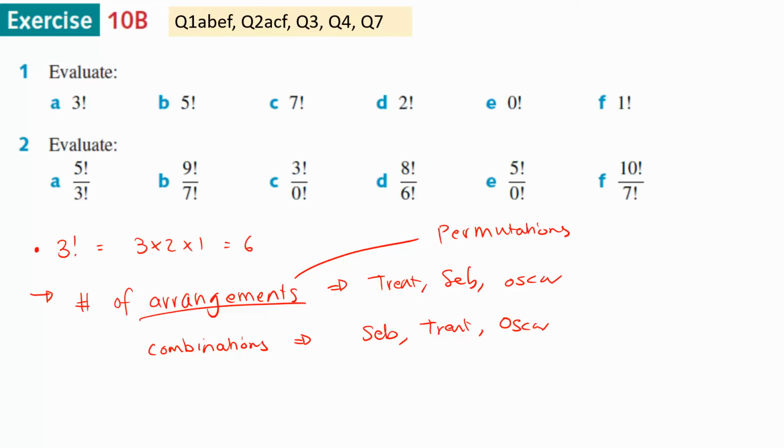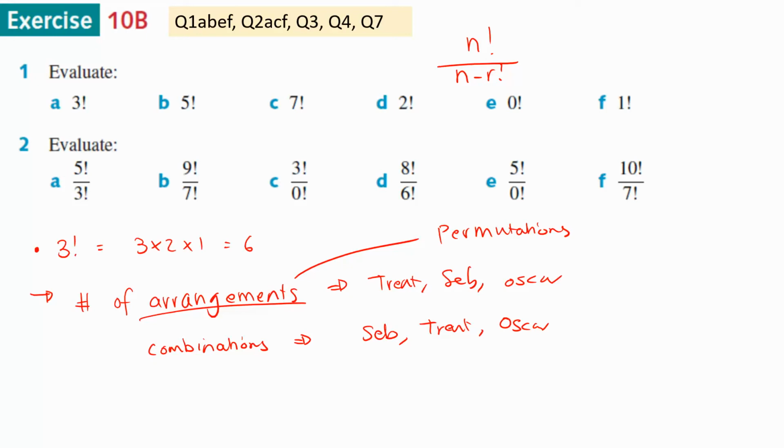Okay, give me one. Just say whatever you know. Very good. n factorial over (n minus r) factorial. This is when you have n objects and you want to choose r group out of it.